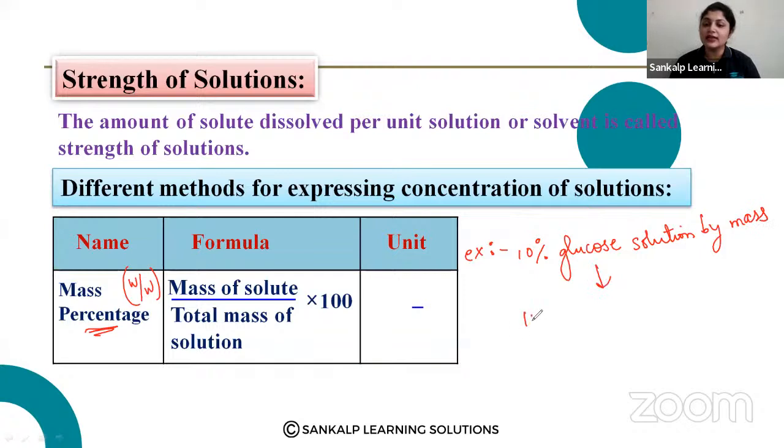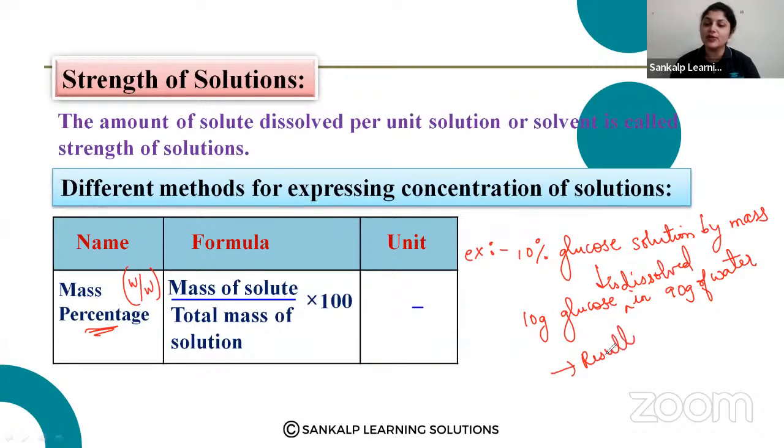This means that 10 grams of glucose is dissolved in 90 grams of water, resulting in a total of 100 grams of solution.